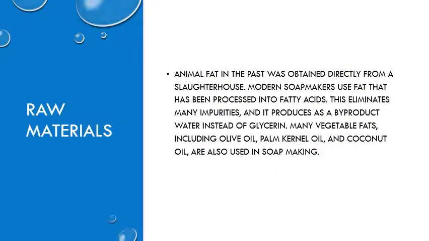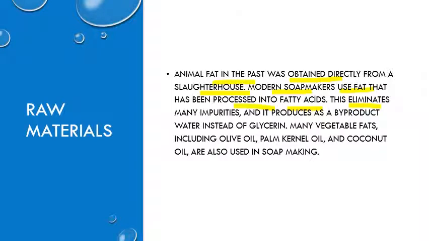Now we talk about the fat which is used in the preparation of the soap. The animal fat in the past was obtained directly from the slaughterhouse, collected and used for soap making. Modern soap makers use fat that has been processed into fatty acids, and then it is treated with the alkali.